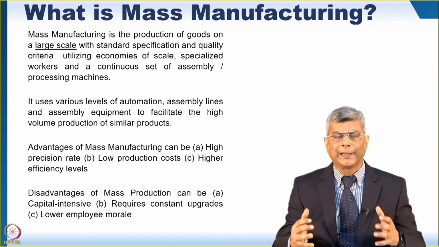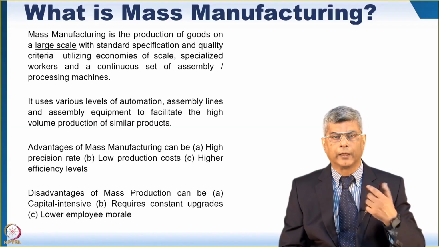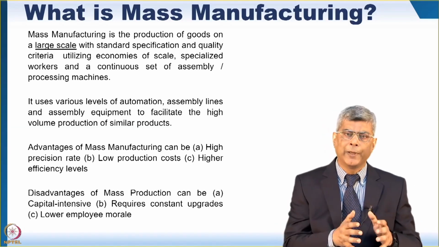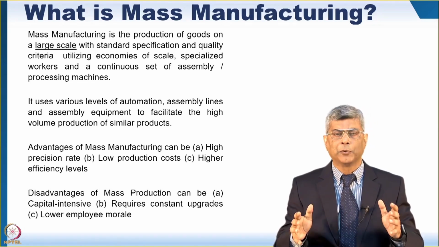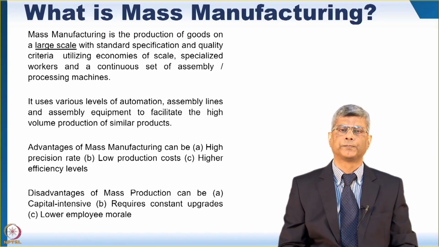But if you look at a complicated product like a phone or a car, one person can make it, but it's very difficult and it'll take him a long time, and probably the one person will not have the skills to make the entire product.